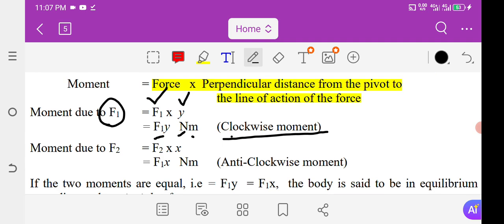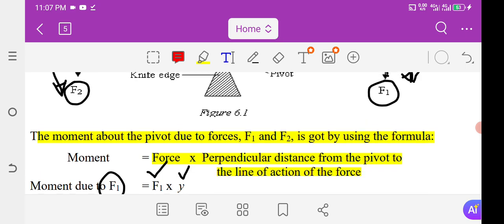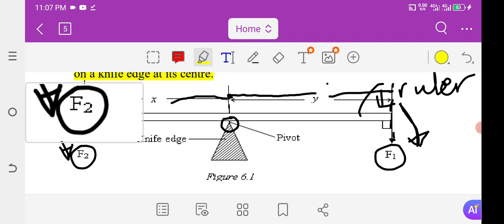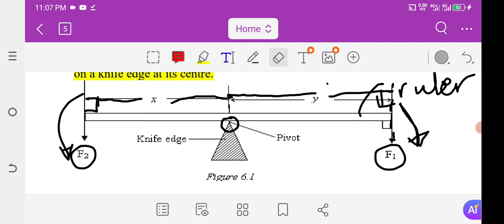Moment about the pivot due to F2 is also found by multiplying force F2 by x. So you take this force here multiplied by x.